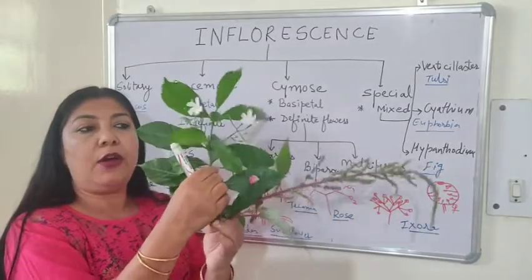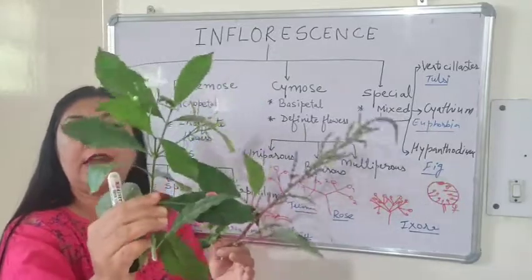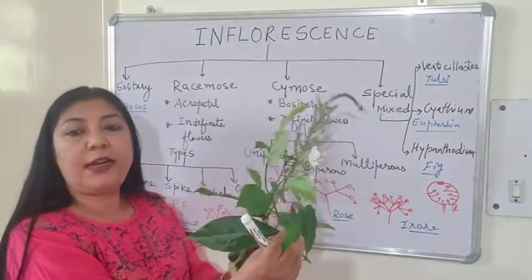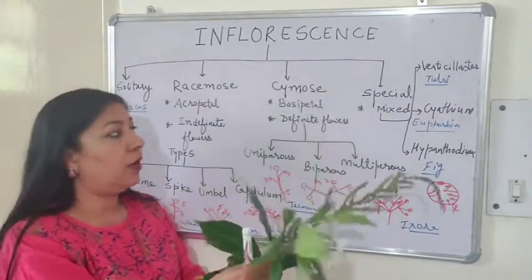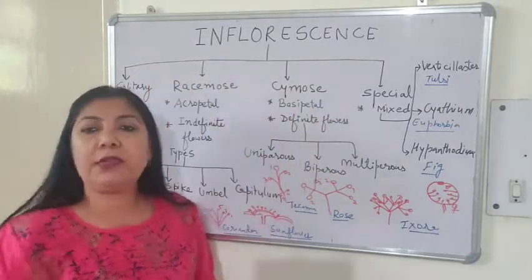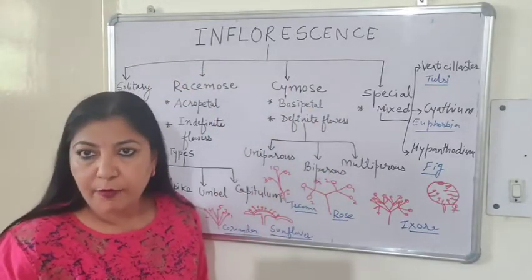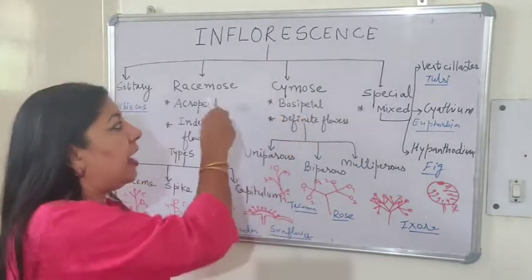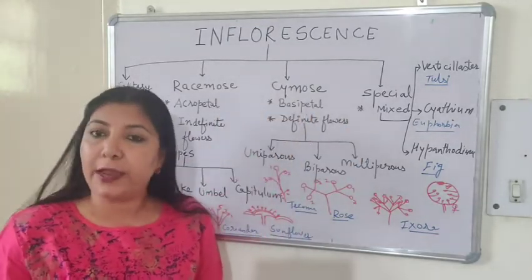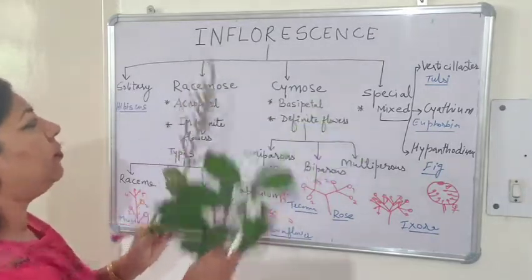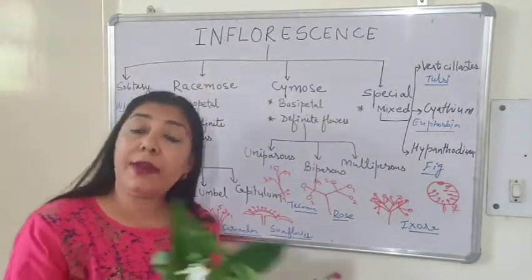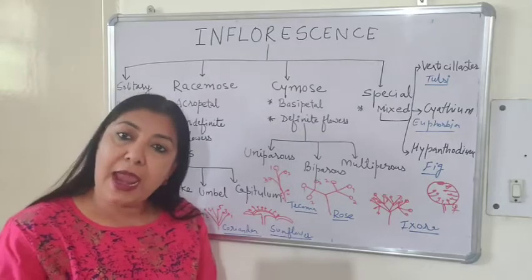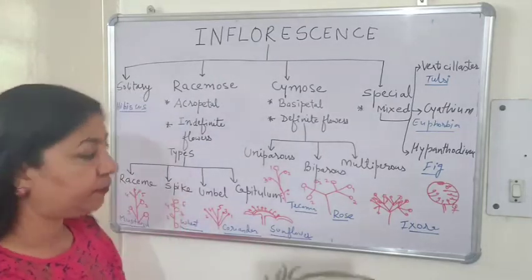This is an example of cymose inflorescence. We will study their details later on. And the fourth one is a special type of inflorescence, which we will study only when we have completed racemose and cymose. So we have to differentiate between racemose inflorescence and cymose inflorescence.